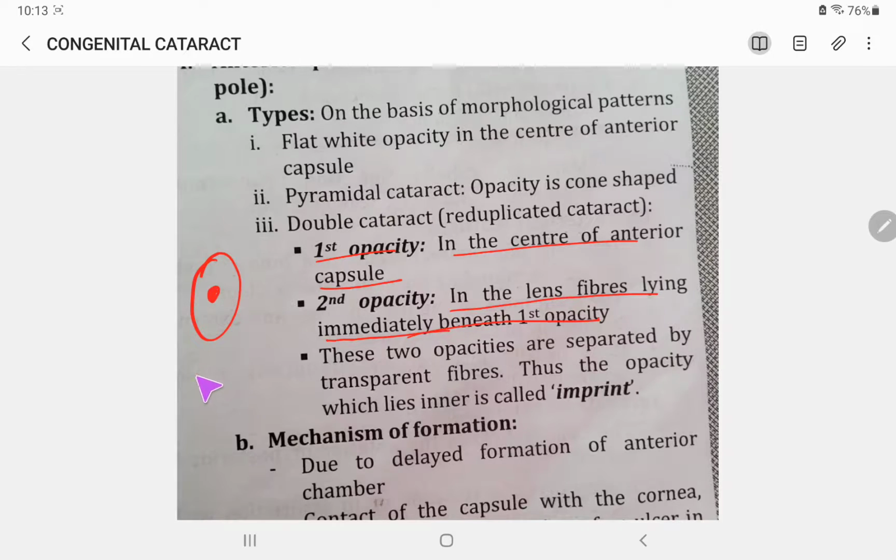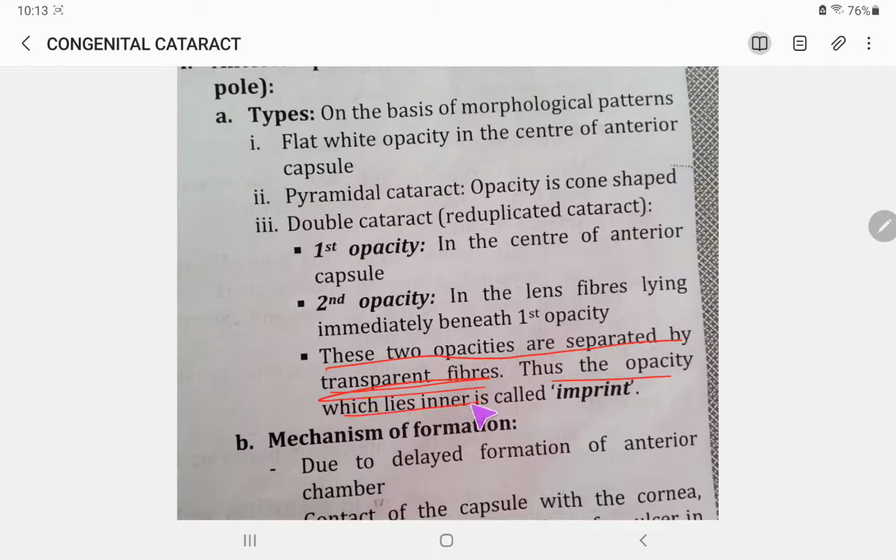If we see from the lateral side, the first opacity occurs here, and the second opacity occurs just in the lens fibers immediately below the first opacity. This is known as the double cataract, or reduplicated cataract. These two opacities are separated by transparent fibers.